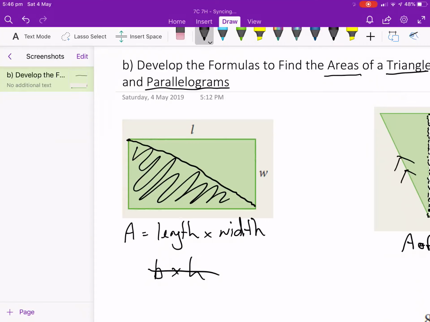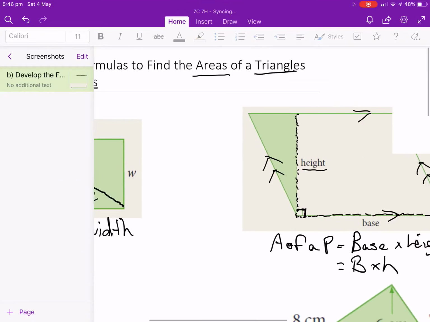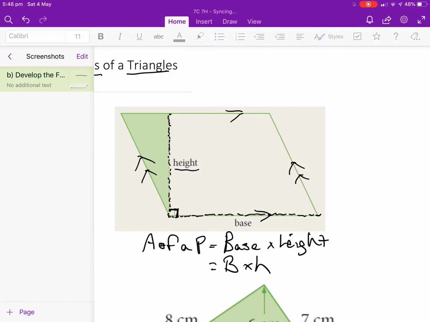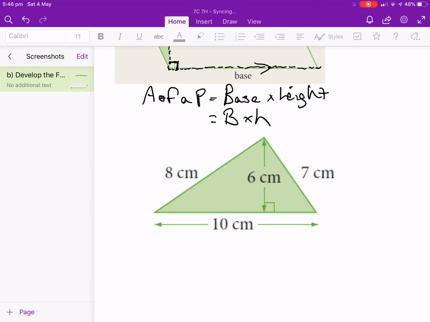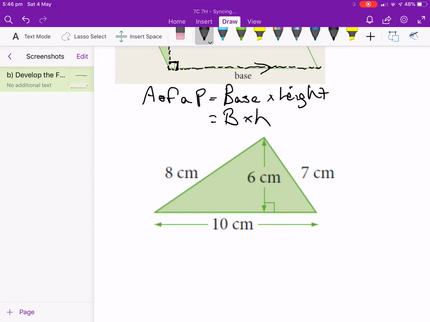So when I go over to my triangle, we now need to look at it as half of a parallelogram. So here's a triangle. If I was to draw that as a proper parallelogram, it would come out here somewhere like this. And then we would have our parallel lines going this way. But it's been chopped in half because it's a triangle.